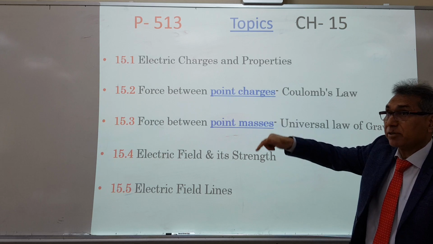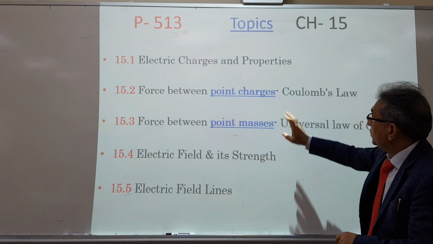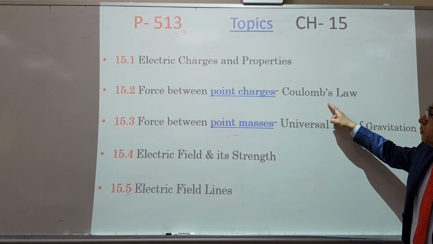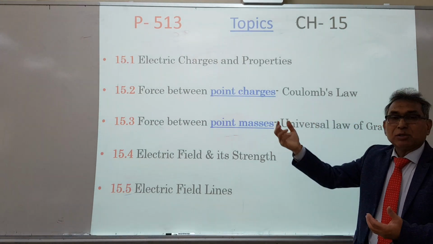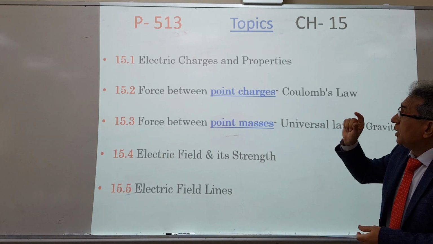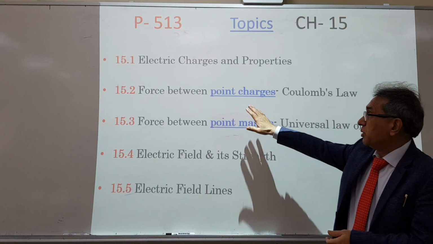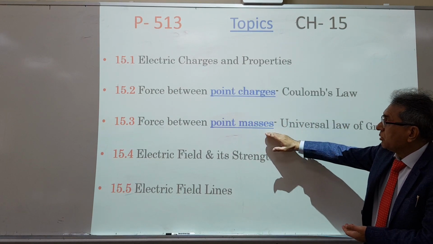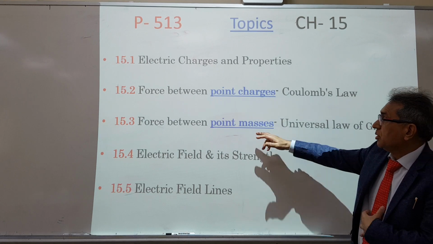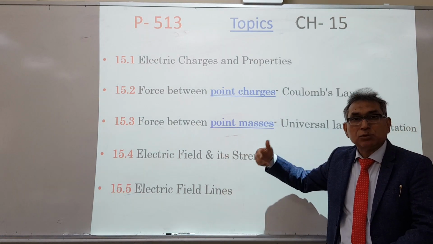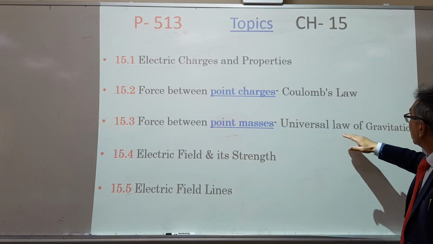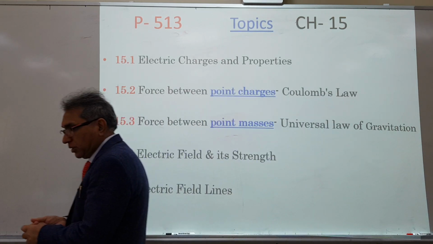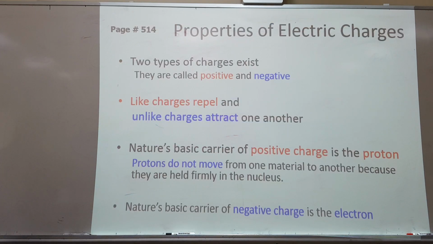Keep in mind, I will refer you to this slide again, that when we discuss two point charges, we use Coulomb's law to find the magnitude and direction of the force of attraction or repulsion between the two charges, and then we calculate the force of attraction between any two particles, two objects, with the help of the universal law of gravitation. Then electric field and its strengths, and then we'll discuss electric field lines one by one.